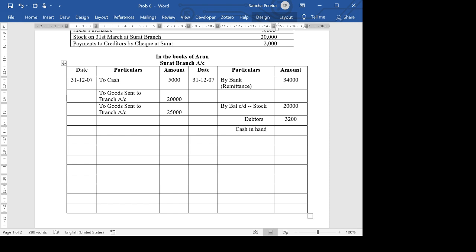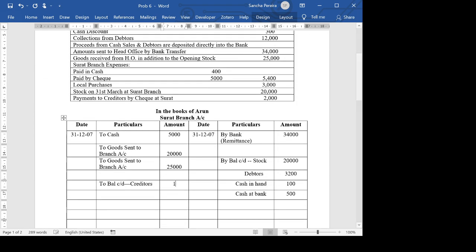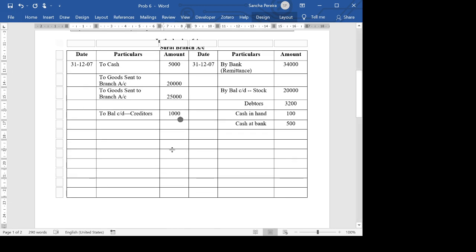Cash in hand will be 100 and cash at bank will be 500, and we will have a to balance carried down on the same date. That will be our creditors, which is 1,000. This is how the branch account looks.